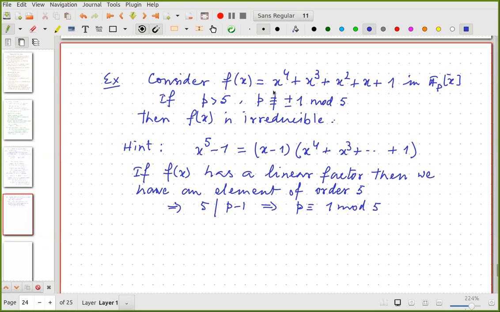But this being a degree 4 polynomial, it might break into 2 quadratic polynomials. So how do you handle that case?